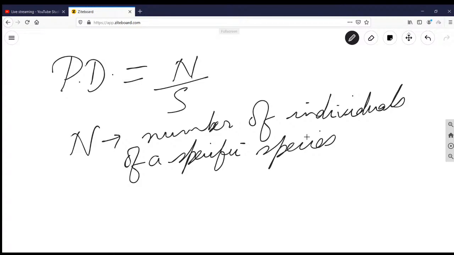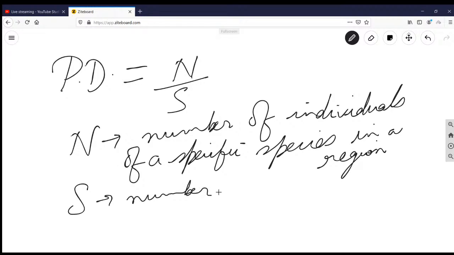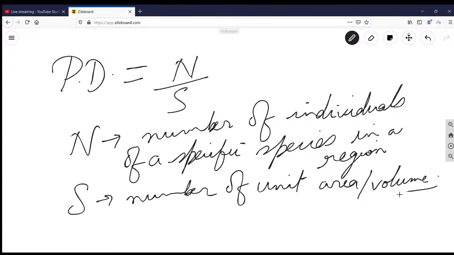So number of individuals of a specific species in a region, that is capital N. Capital S will be the number of unit areas, number of unit area slash volume. We are counting in terrestrial region, land or water, depends upon whether you will be calculating in area or cc, centimeter cube, volume.